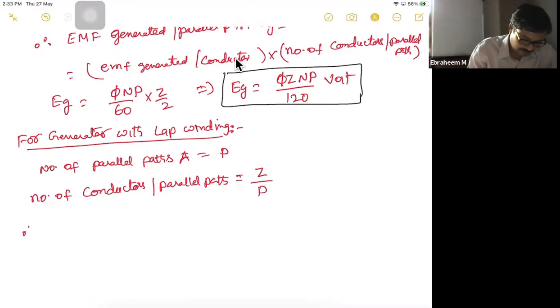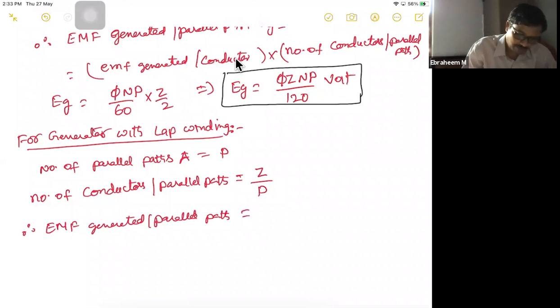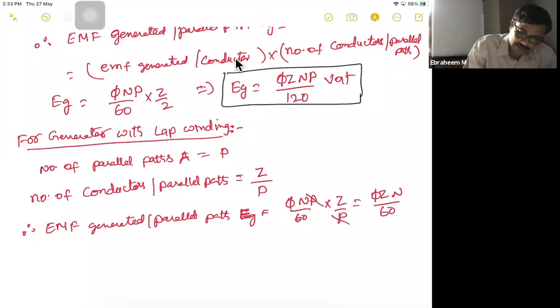Therefore the EMF generated per parallel path, by the same formula, Eg is equal to phi np by 60 into Z by P. P gets cancelled here, so phi Zn by 60 volts.